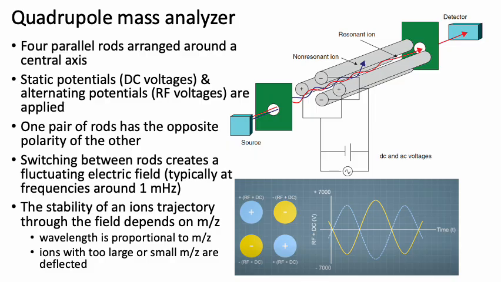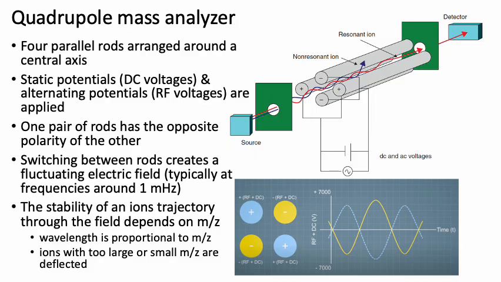Then they switch positions, and one rod pair always has the opposite polarity of the other. By switching between these rods, it creates a fluctuating electric field. Typically, the fluctuation is at frequencies of around 1 megahertz. A stable ion with stable trajectory for a certain mass-to-charge ratio will pass through the middle of this, whereas ions that are not stable will be deflected.